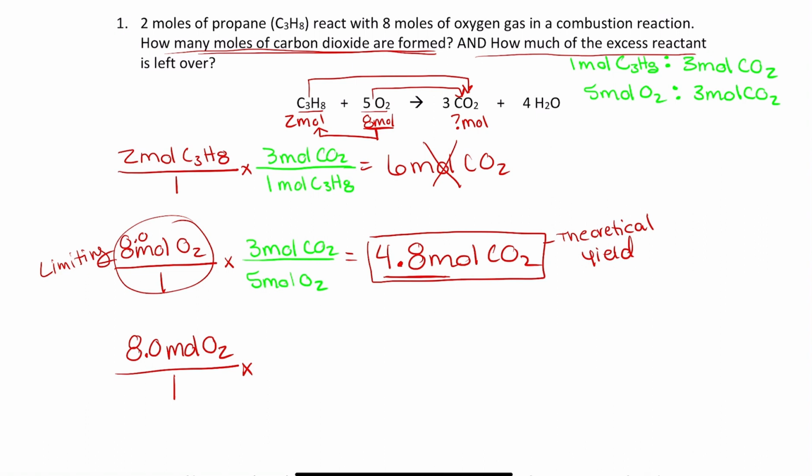Since I'm already in moles, I can go ahead and set up my mole ratio. My mole ratio here is going to be 5 moles of O2 for every 1 mole of propane. Let's write that down here. I want to put my moles of oxygen on the bottom and 1 mole of propane on top.